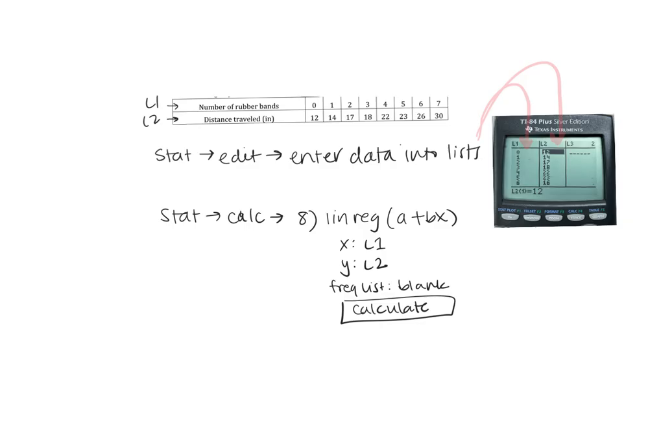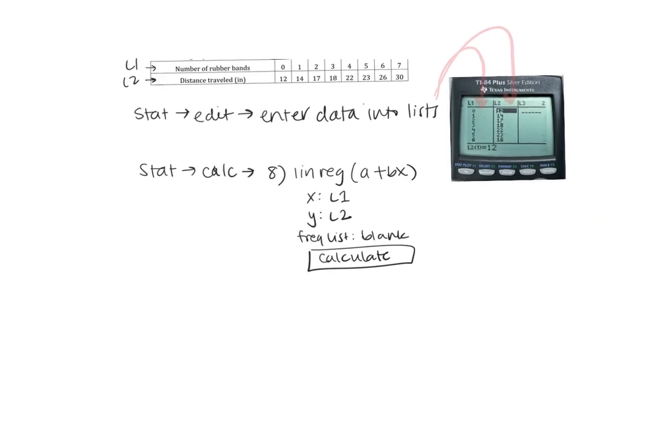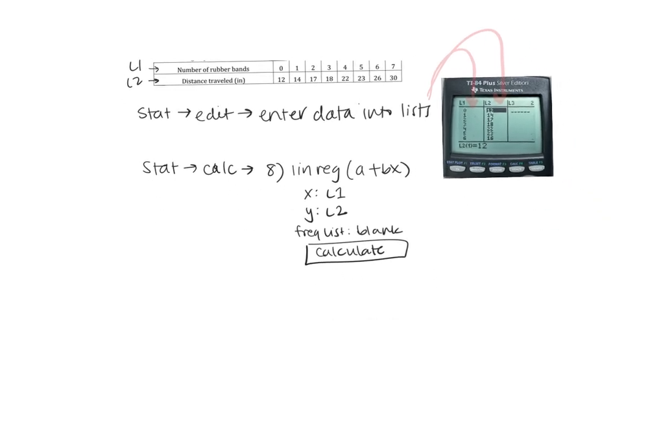And one thing about this is at this point you might not see anything, and that's because your calculator turns the diagnostic off. So we have to go turn the diagnostic back on by hitting second catalog. Catalog is on the 0 button. And we need to go down to diagnostic on and hit enter.